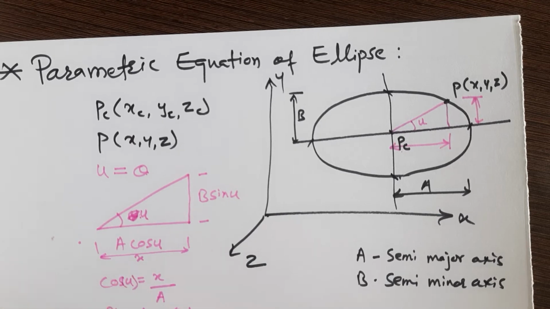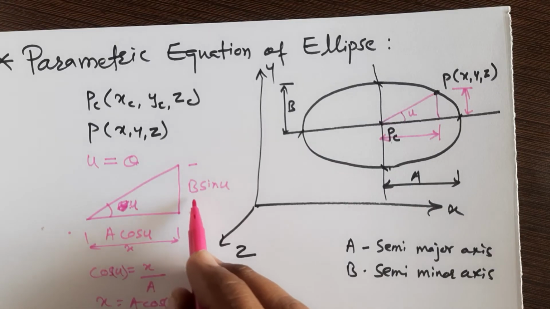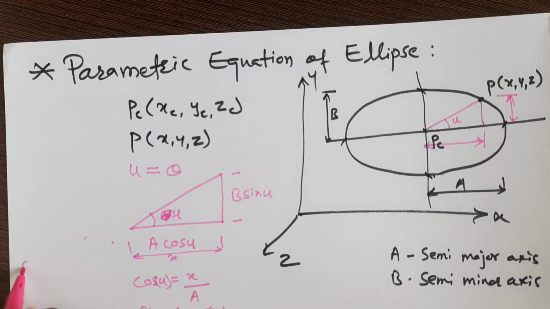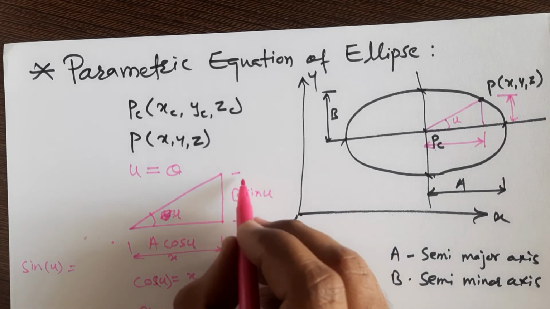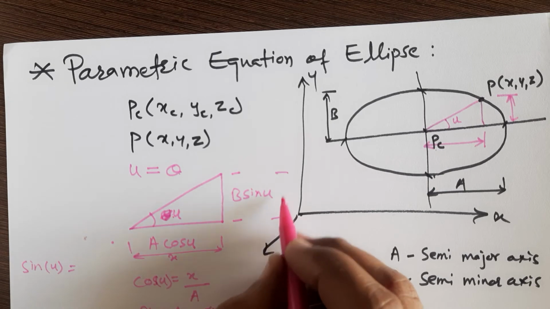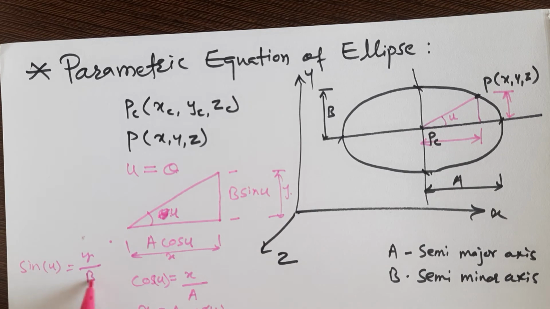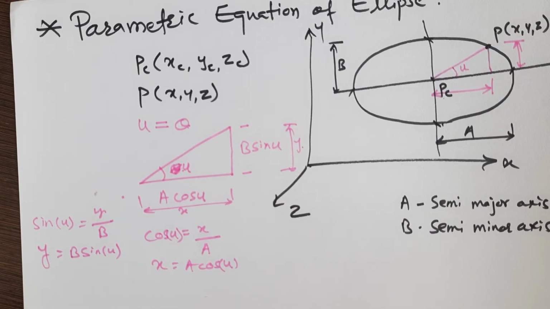Similarly, if we take sine u, opposite by hypotenuse, so sine of u is equal to, let us say this distance is y. So y divided by the hypotenuse b, so y will be b sine of u. In this way you have to find x and y.